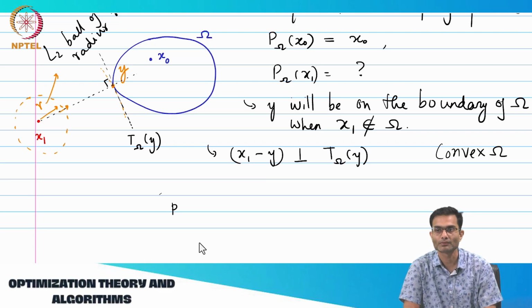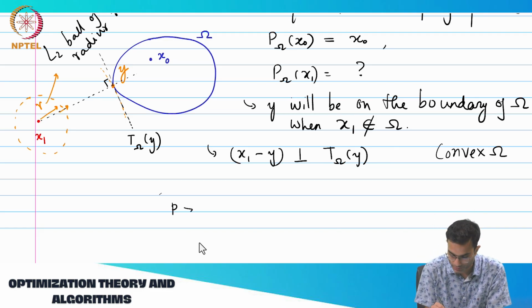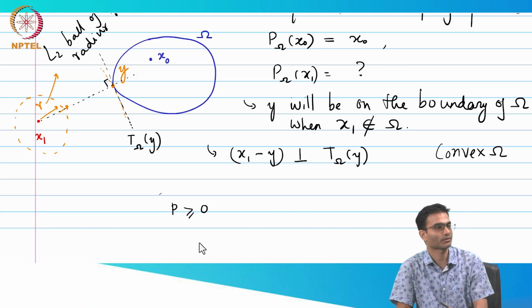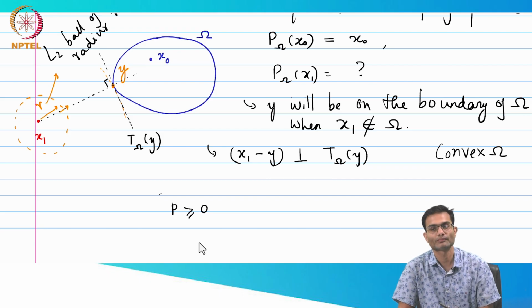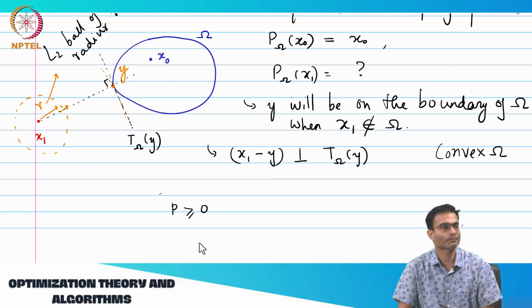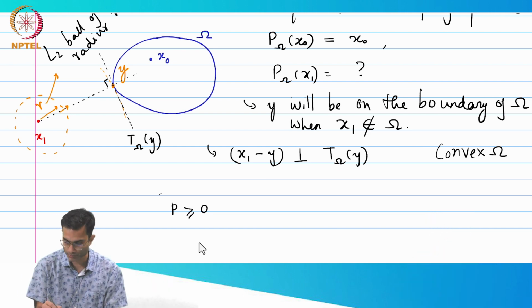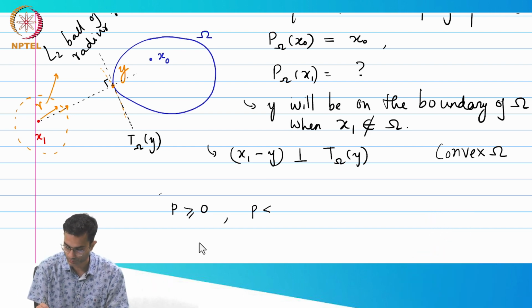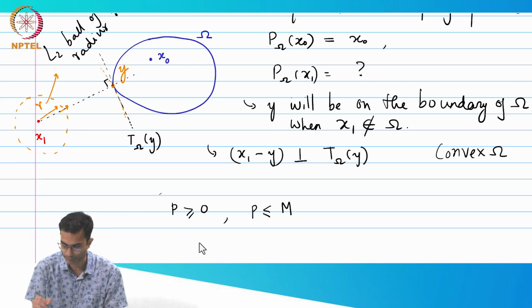Has to be non-negative. It makes no sense to talk about negative power. So this is the first common sense constraint. What else can you think of? Just think of a real life engineering problem. I will have some maximum amount of power that I can work with. I will never have unbounded power, right? So the second common sense constraint would be less than or equal to some, let's say, M.